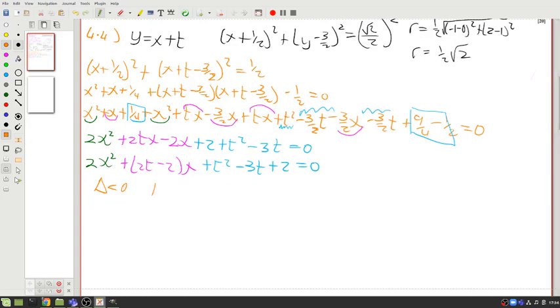The discriminant is b squared minus 4ac, so we want that to be less than 0. In this scenario, this is b, so we have b squared minus 4 times a times c. That whole blue part is c, so t squared minus 3t plus 2. All of that must be less than 0.